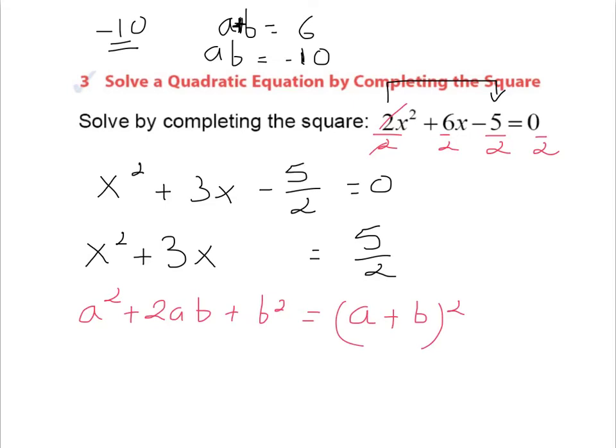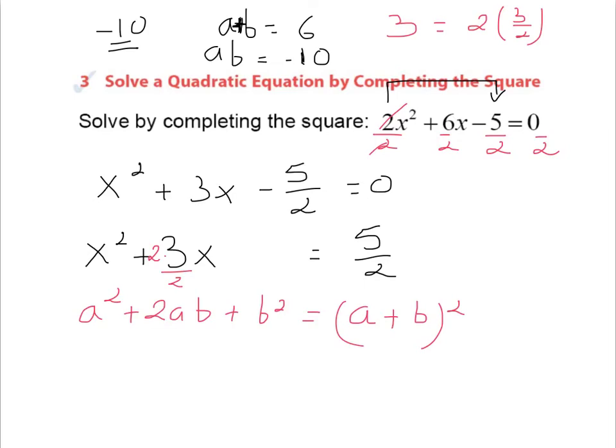I don't see a 2 here, but I can still make a relation between 2 and 3: 3 can be written as 2 times 3 over 2.